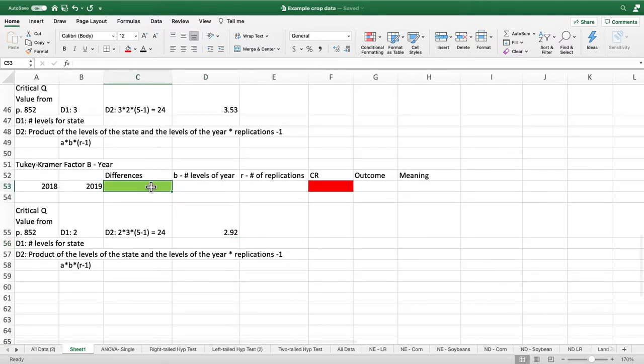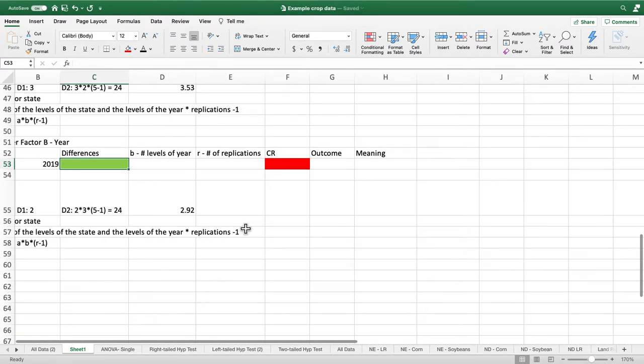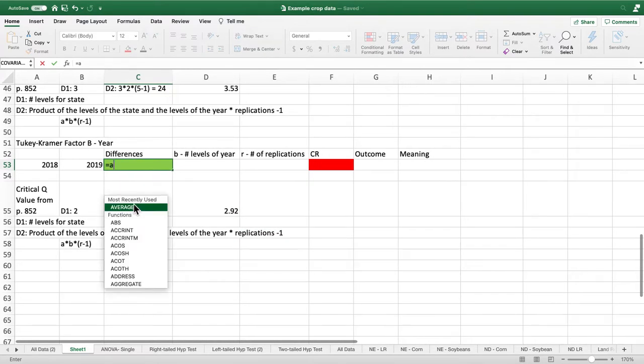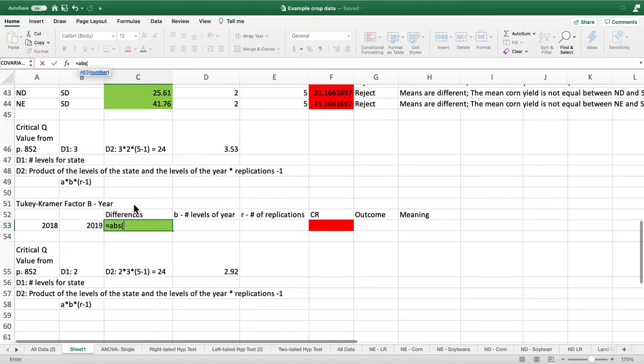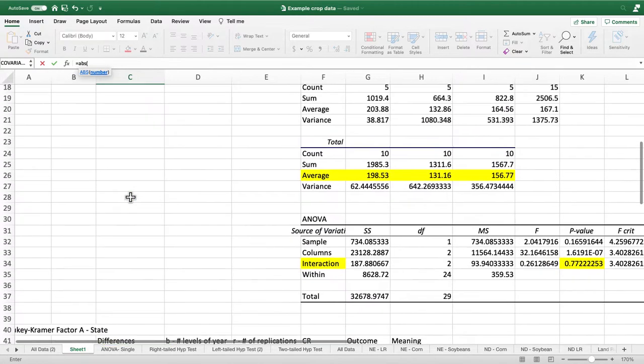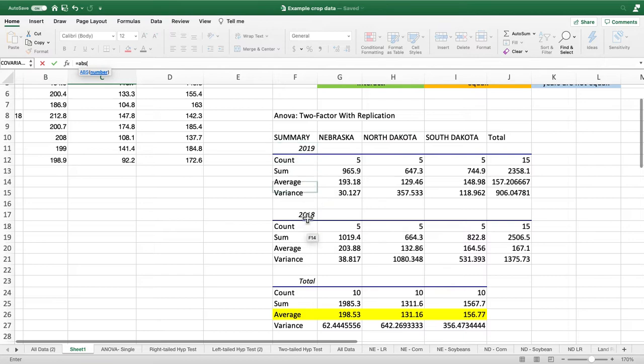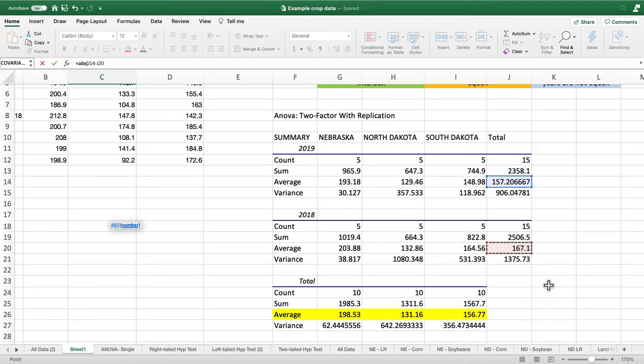So now when we're looking at differences, we're again still looking at our absolute value, but now we need to find the difference in the averages of 2018, 2019. So that's where we need to come up to these 2 areas. So we need to take our difference of our absolute value, our average of 2019 minus our average of 2018.